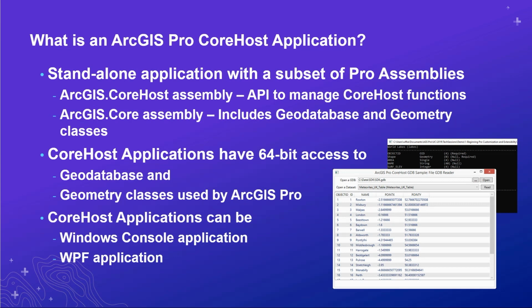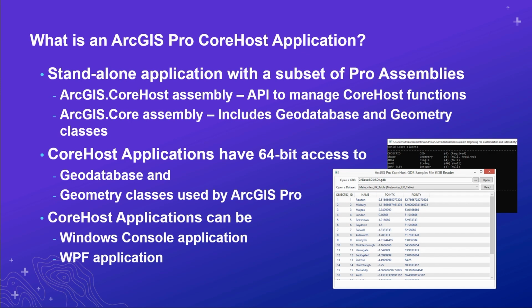The ArcGIS.Core assembly includes APIs like the geodatabase and the geometry classes. So CoreHost applications have 64-bit access to geodatabase and also to geometry classes that are used by ArcGIS Pro. It's the identical API, the identical classes.